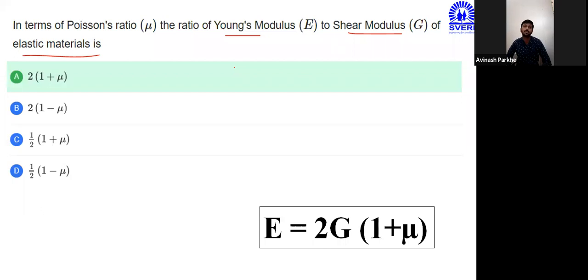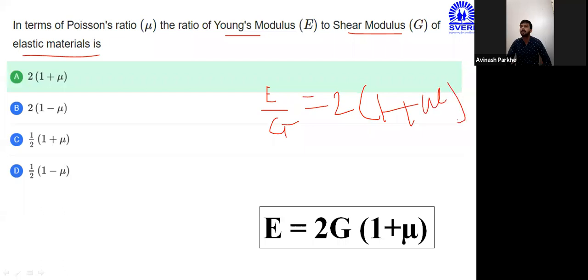It is very simple. If I take this G to the left side, my equation becomes E upon G is equal to 2 in bracket 1 plus mu. So this will be the correct answer.